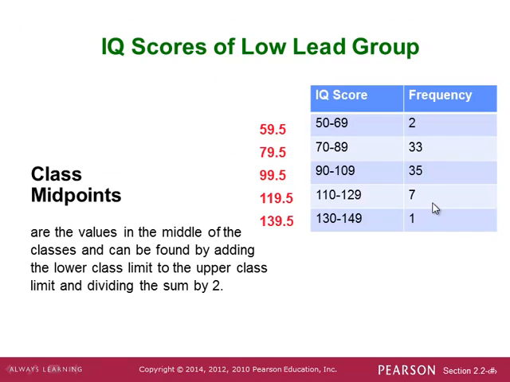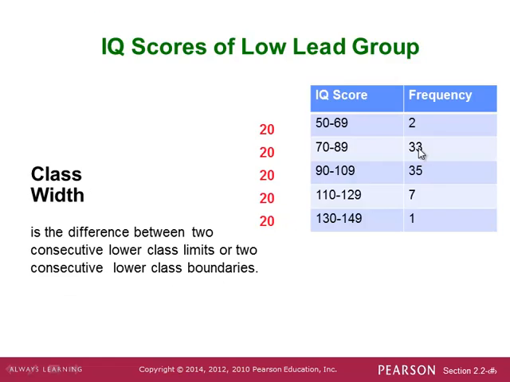We saw in that data set for the low lead group, you'll see this in your textbook in section 2.2, that there were two numbers between 50 and 69 and so forth. So when you're counting, you could use tick marks, or you could just simply count 1, 2, write the number 2 there, and count that there are 33 numbers between 70 and 89 inclusively. So you could either use a bunch of counting tick marks here, or you could just write the number 33 and so forth. Okay?